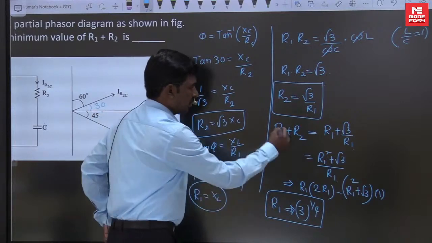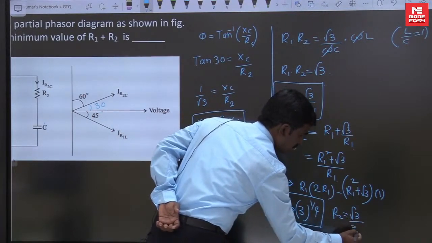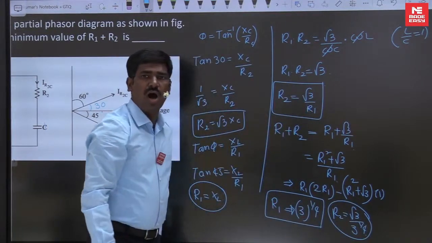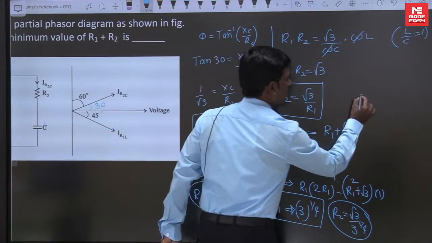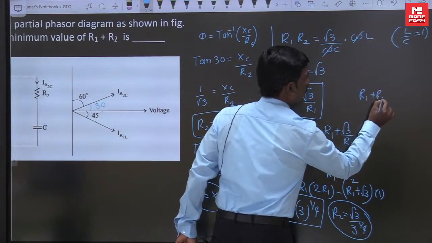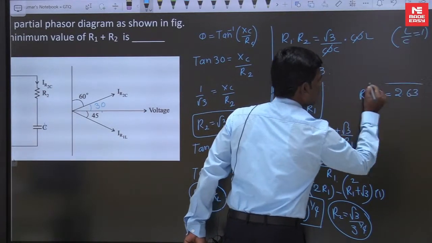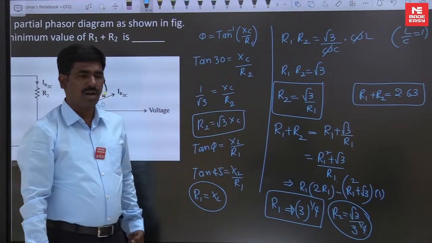Now the R2 value is root 3 upon 3 to the power of 1 by 4. Now add these two, R1 plus R2, and that will give the minimum. So R1 plus R2 is equal to, I think, 2.63, the minimum value. Is it clear now?